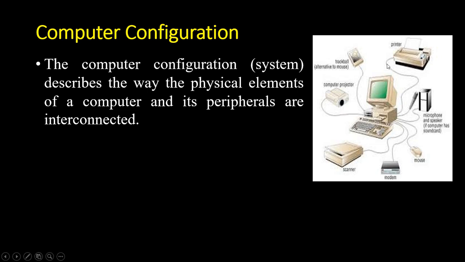You may not need a scanner or a modem, but you may need others. So all these attachments describe the configuration you have put together. It's like the human being, with your other limbs, other organs. You are configured with your body, the chest, the hands, the head, the legs, all working to make your whole body.